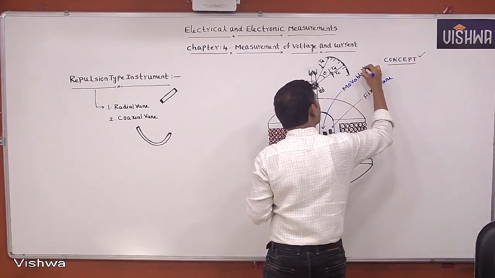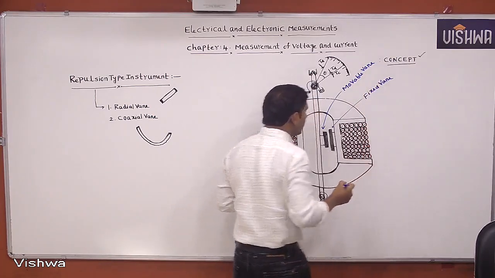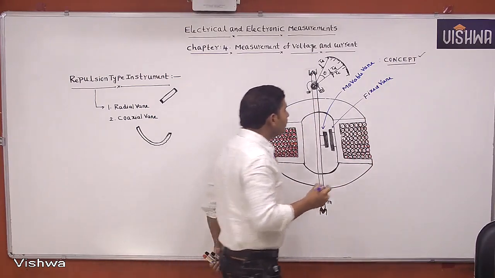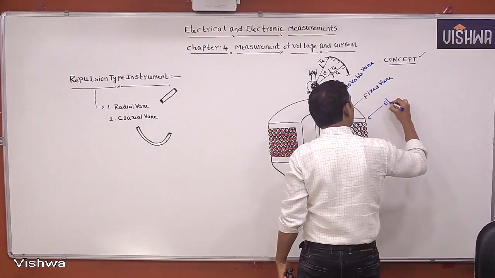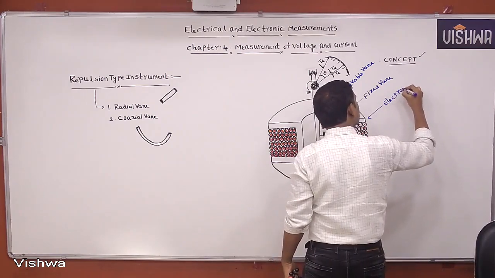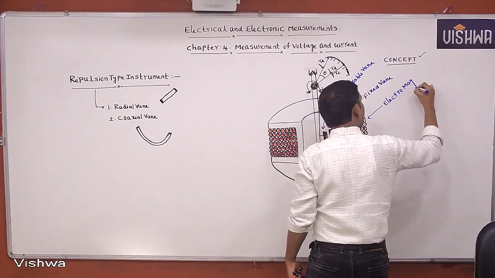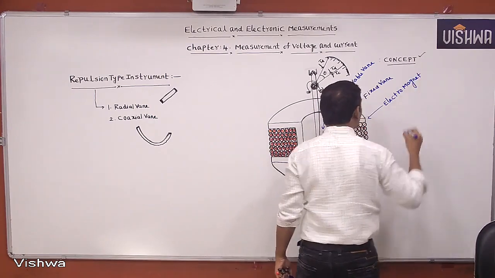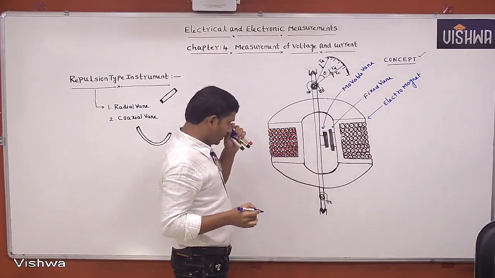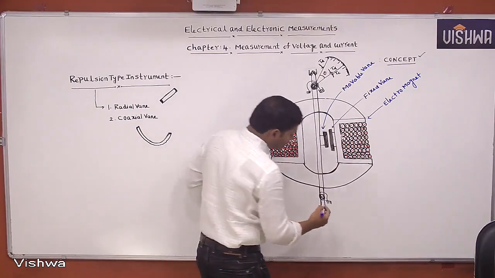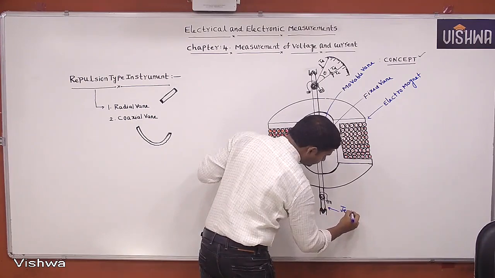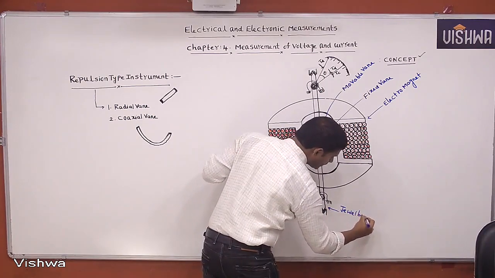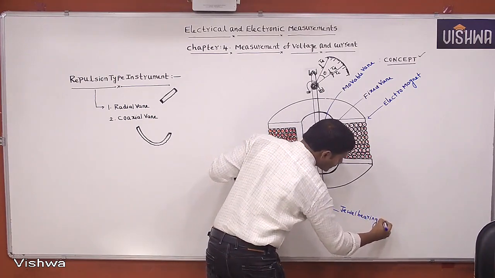And this is the electromagnet. And this is the jewel bearing suspension.